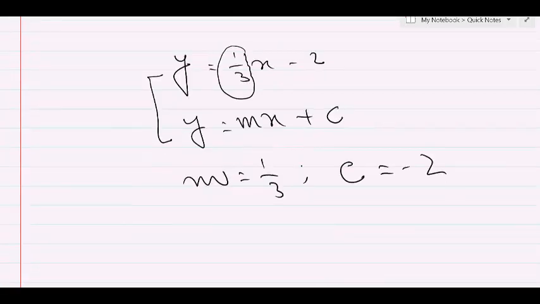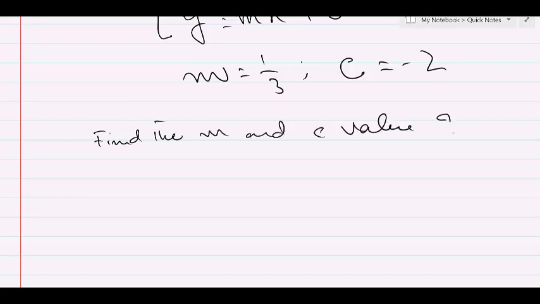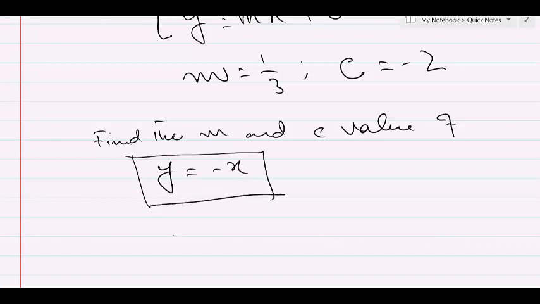Just for practice, find the m and c value of y is equal to minus x. If you want to find out the m and c value for this equation, what is the m value? Compare it with y is equal to mx plus c.